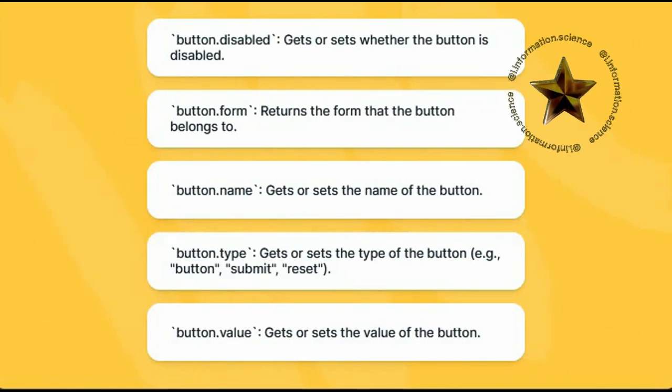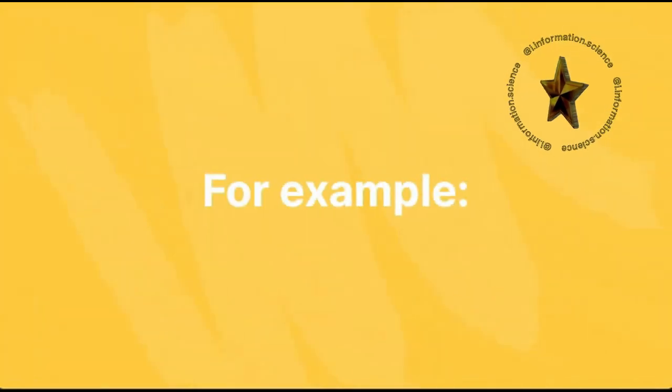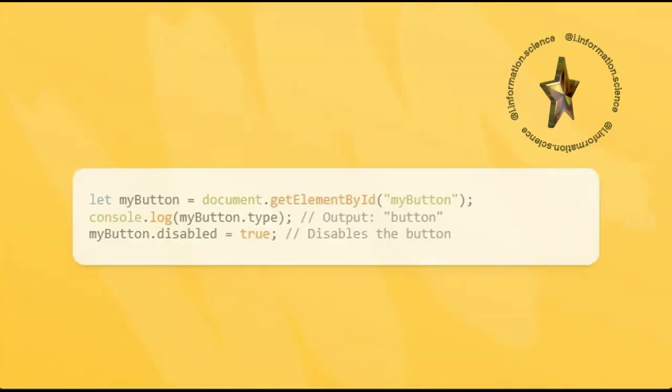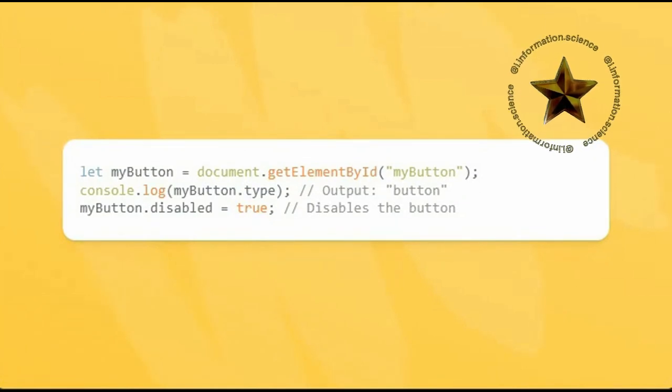Button.name gets or sets the name of the button. Button.type gets or sets the type of the button, for example, button, submit, reset. Button.value gets or sets the value of the button. For example, example of accessing button properties.